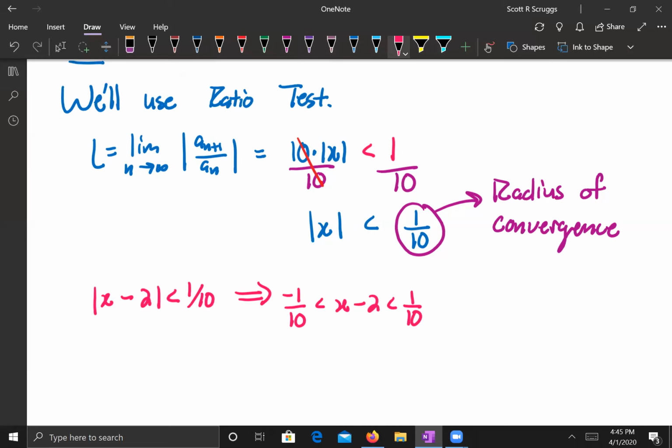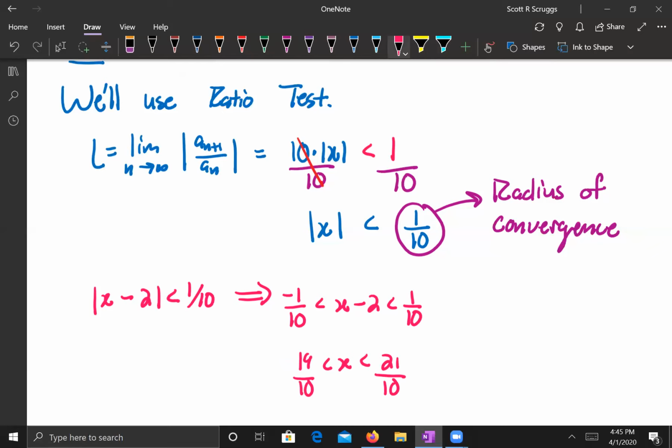So you're exactly correct. Which means x will be, in this case, 2 minus 1/10 or 2 plus 1/10. Or 19/10, 21/10. So that's exactly right, Anthony. It's going to shift where my power series is centered.